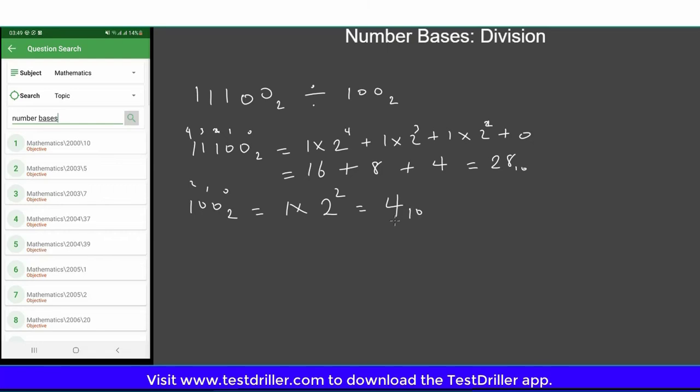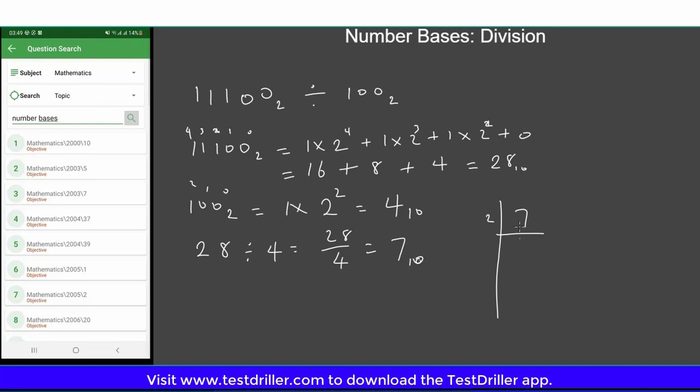So the next thing is to perform the division in base 10. In this case, I want to say 28 divided by 4, which is basically 28 over 4, and that's 7, right? So we convert this 7 in base 10 back to base 2, and that will give you 2 in 7.